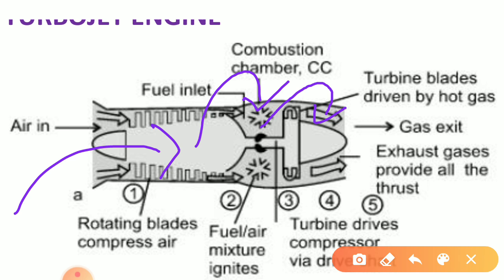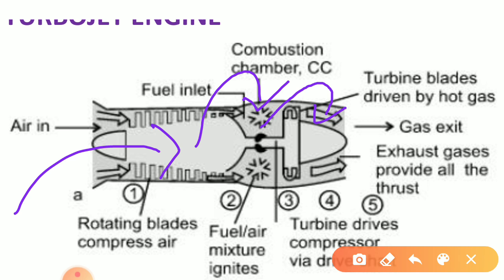Aircraft and missiles are examples of the use of turbojet engines. The propulsive force is produced by the reaction of the jet of hot gases discharged at very high velocity from the rear end in the form of products of combustion.